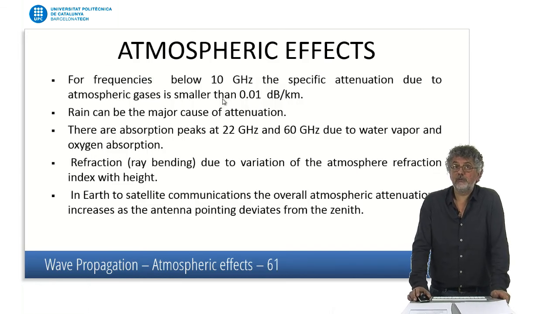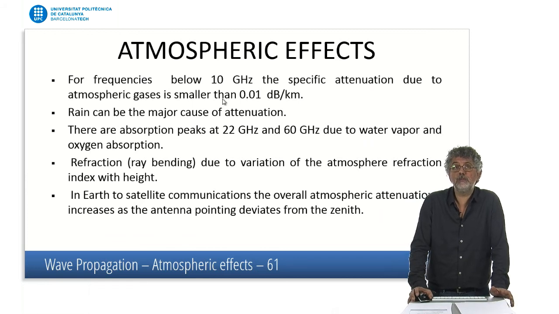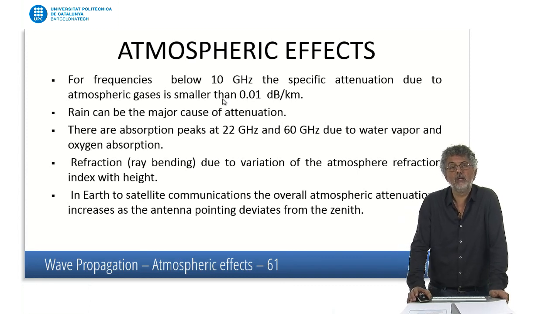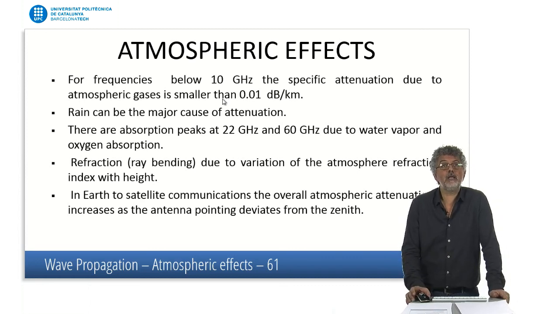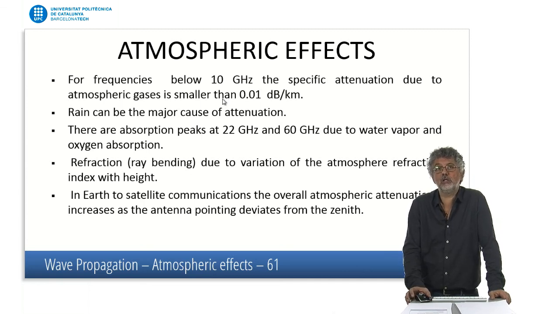So, summarizing atmospheric effects: for frequencies below 10 GHz, the specific attenuation due to atmospheric gases is smaller than 1/100th of a dB per kilometer, so it's almost negligible. Rain can be the major cause of attenuation for frequencies around 10 GHz. Then we have to remember the absorption peaks at 22 GHz and 60 GHz due to water vapor and oxygen absorption.